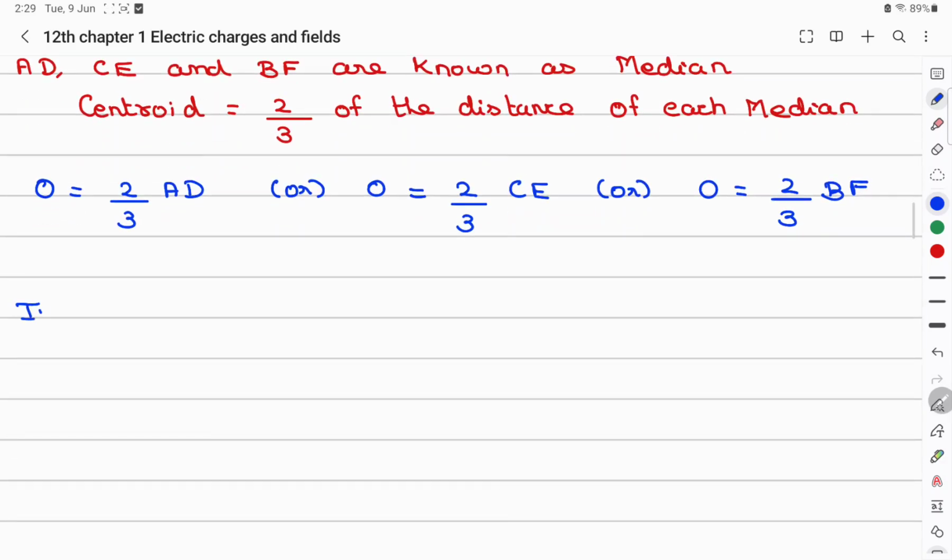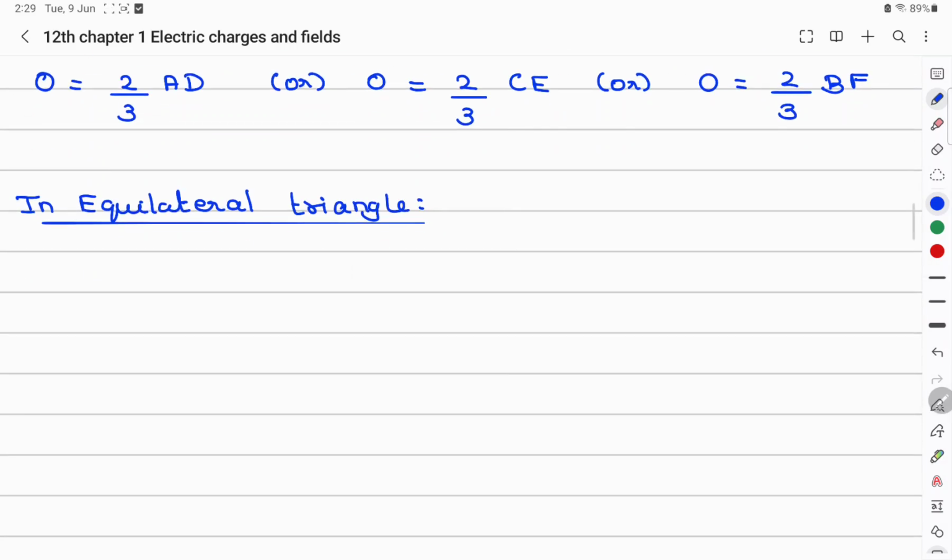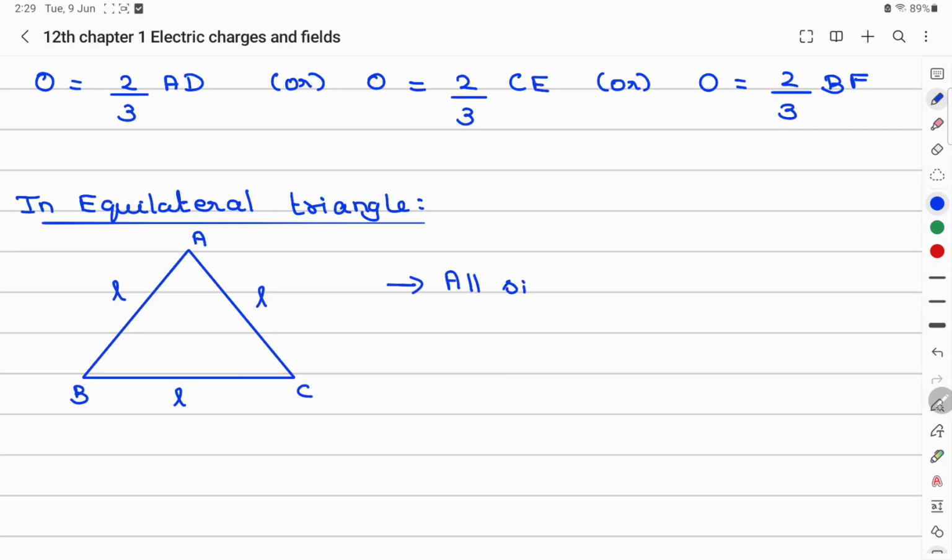So in an equilateral triangle, if we mark the vertices as A, B, C and the side length is L, then all the sides are equal, so all the interior angles are 60 degrees.